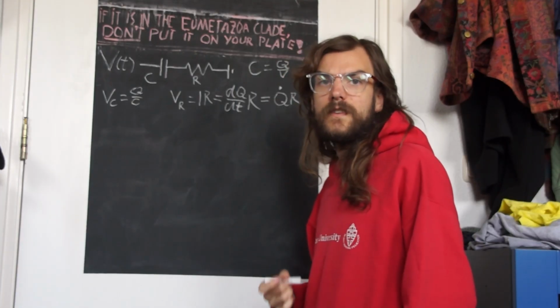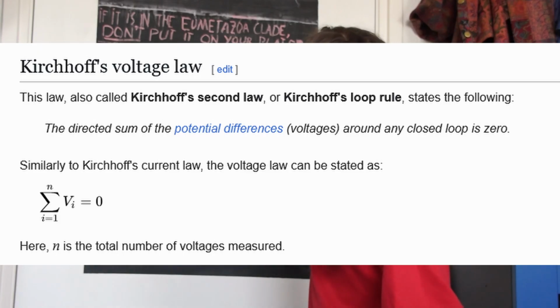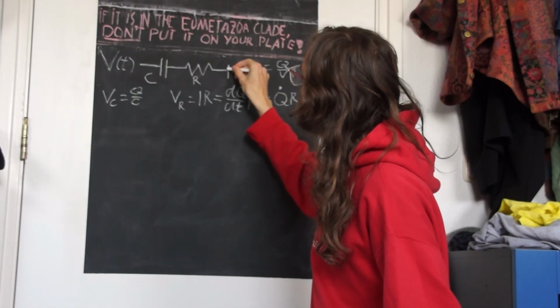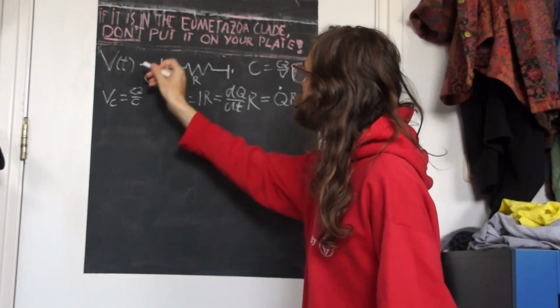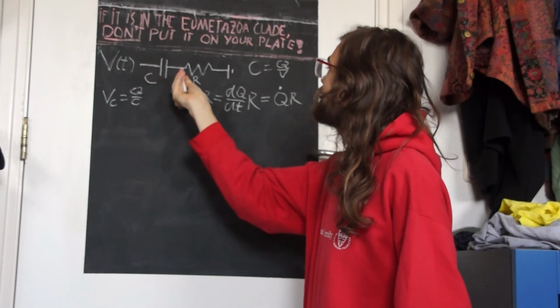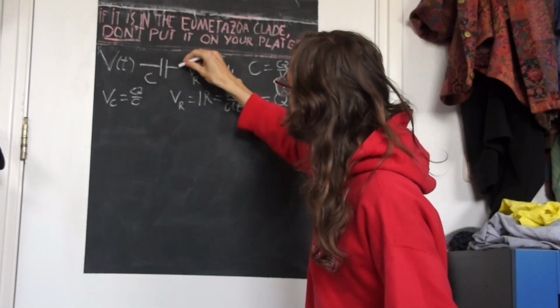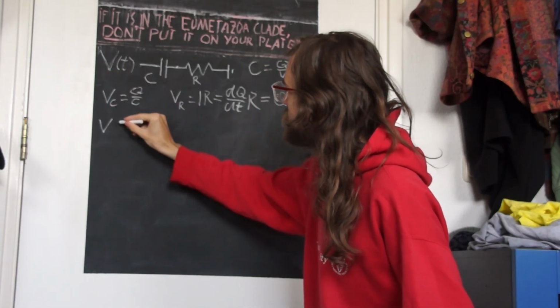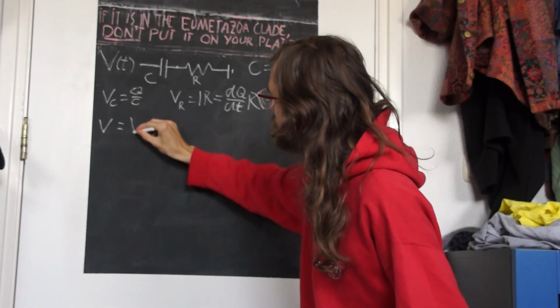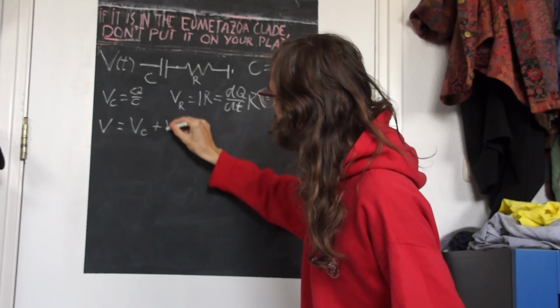Now from, I think, Kirchhoff's law or something, we know that the voltage from this point, which is our ground reference, which is per definition zero voltage, to this point is the sum over this voltage and this voltage. So we know that V, this V, is going to be equal to Vc plus Vr.